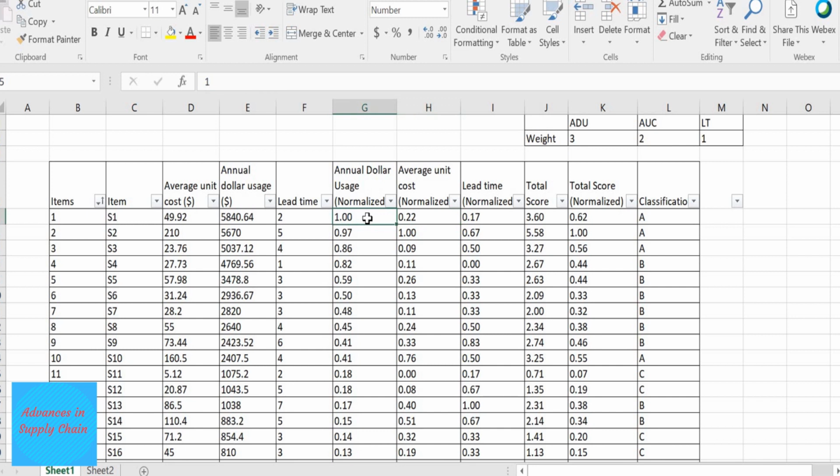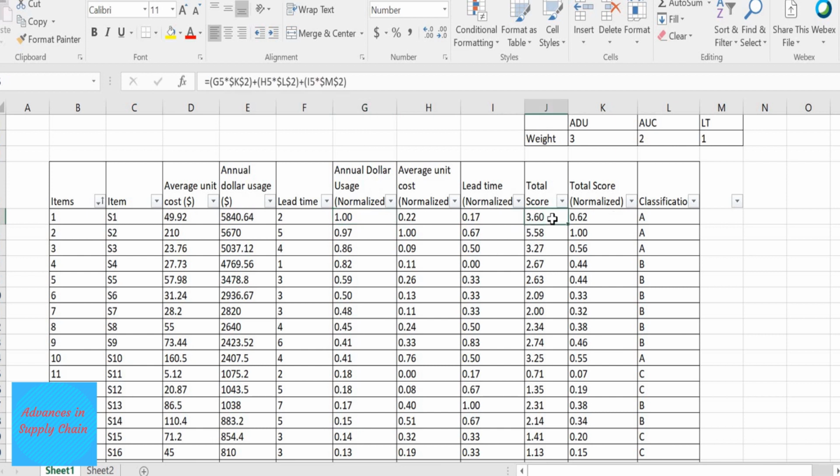Similarly, some people can put annual dollar usage as the most important criterion if they want to keep inventory high on items that have higher value based on historical data.